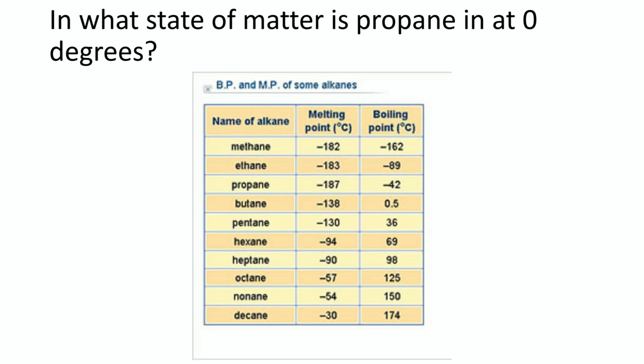Next one. Pause if you need to. Zero is warmer than negative 42, and that means that propane at zero would be a gas. Next one. Pause if you need to. All right.